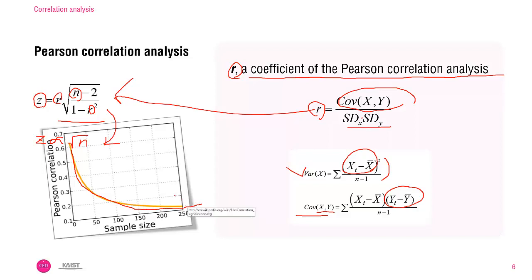When the sample size and the R value belong to this shaded area, so under the curve, it is technically not possible to reach the statistical significance. This yellow curve is drawn when the alpha level is 0.05.